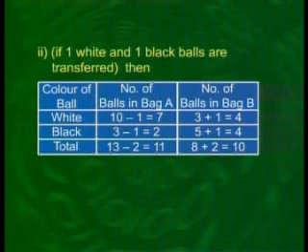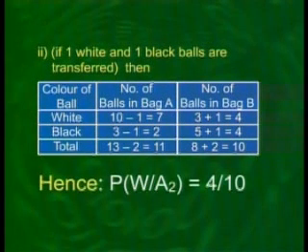The second situation is that 1 white and 1 black ball is transferred from the first bag into the second one. And if this is the case, then the second bag contains 3 plus 1 equal to 4 white balls and 5 plus 1 equal to 6 black balls.